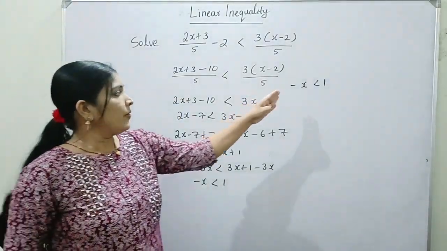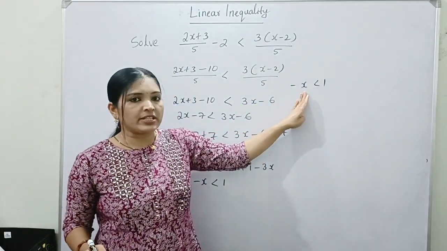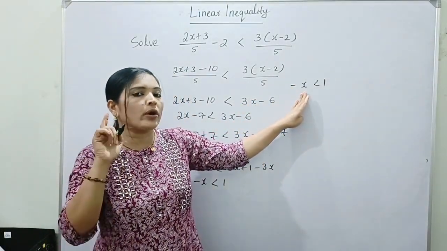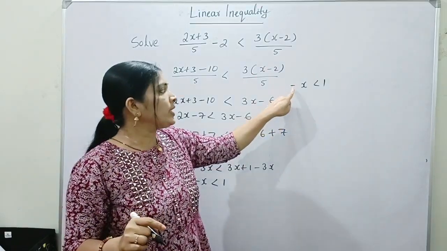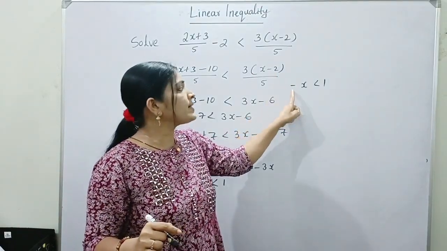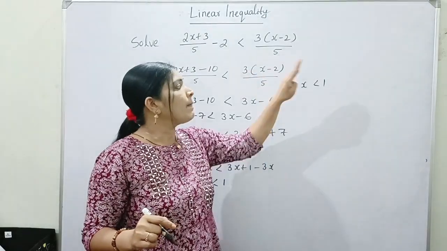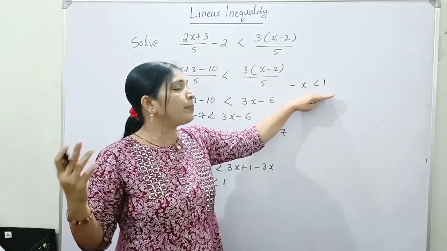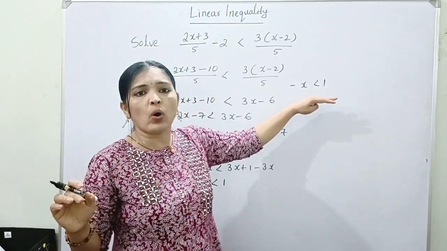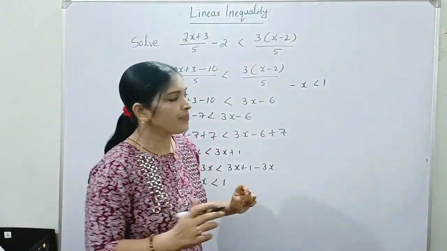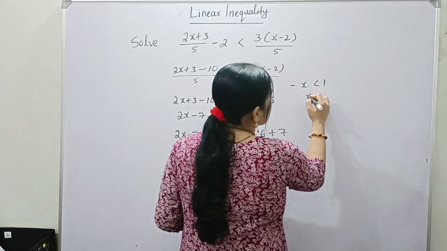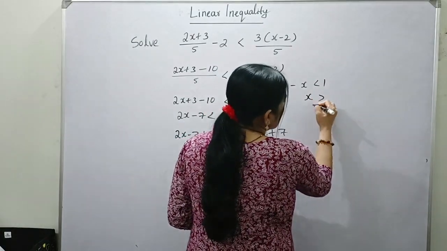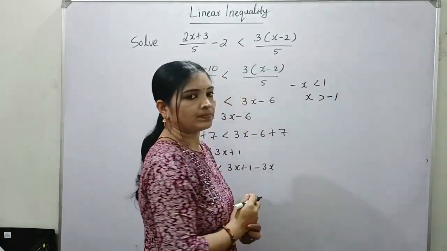We need x terms on left side, x with the coefficient 1. So here minus is there, we have to cancel this minus by multiplying by minus 1 on both sides. When we multiply by a negative on both sides in an inequality, the inequality will be changed. So x will be x greater than minus 1.